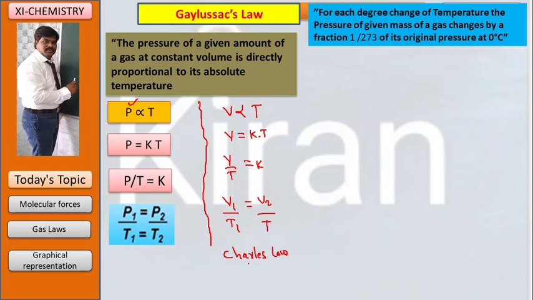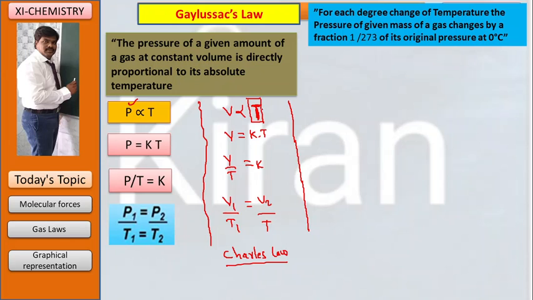Charles' law I have given you with a different approach. We can express it in centigrade temperature also. Whenever absolute temperature is coming, it is interlinked with Celsius temperature, small t.